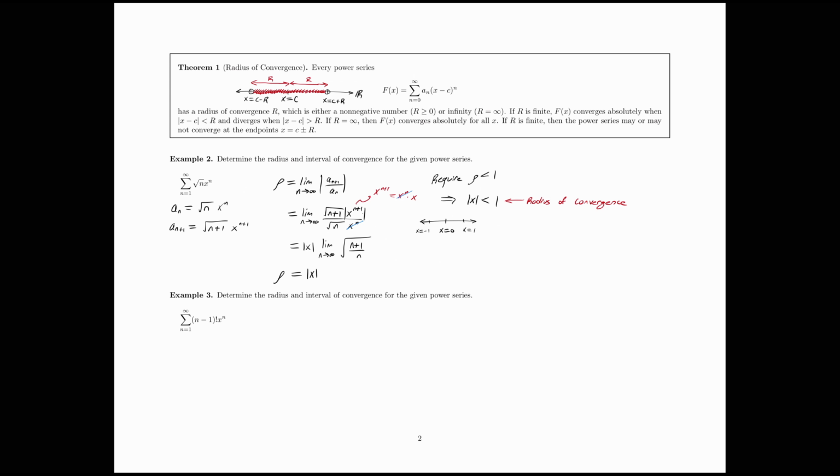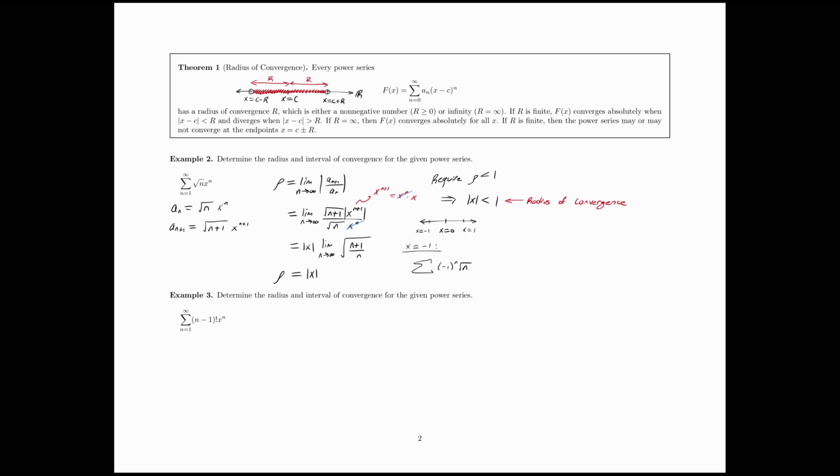So in order to do this, we want to check the endpoints manually. So we can plug in -1 into our power series. If we plug in -1 into this expression, we have the series of -1 to the n times the square root of n.